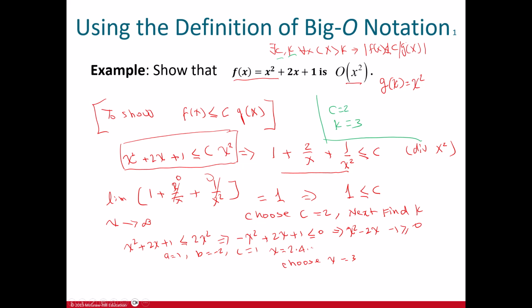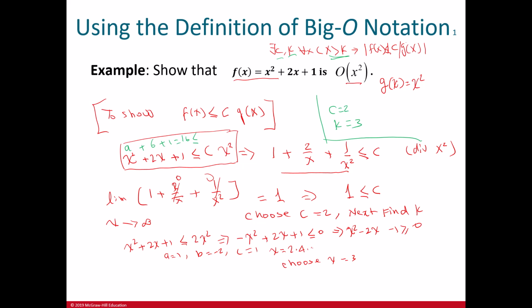If you want to double check, you can plug in 3 or more, because remember the definition says whenever x is greater than k, so greater than 3, but we choose a number that's enough. If you plug in here, we have 3 to the 2, this is 9, and 2 times 3 is 6, plus 1. So this side is equal to 16.